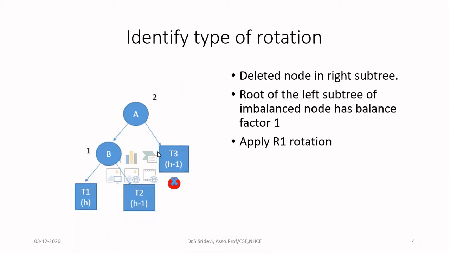For that, I have to look at the opposite tree of the imbalanced node. Here I am deleting from the right subtree, so I have to see the left subtree of the imbalanced node. That is nothing but B. The root of this left subtree has the balance factor 1. So now I will apply the rotation as R1.